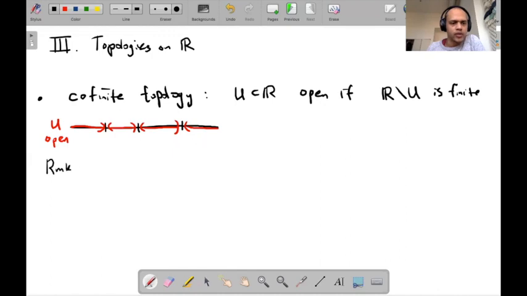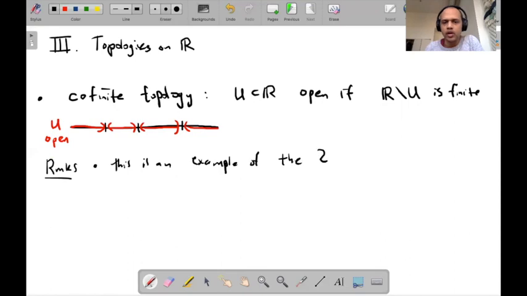So a few remarks. First of all, this topology might seem like a strange topology to put on R, and in some ways it is, but in other ways it's a natural thing to do. The remark is this is an example of the Zariski topology in algebraic geometry.